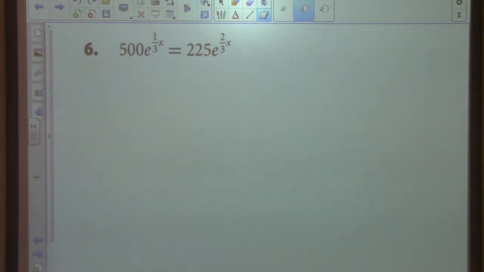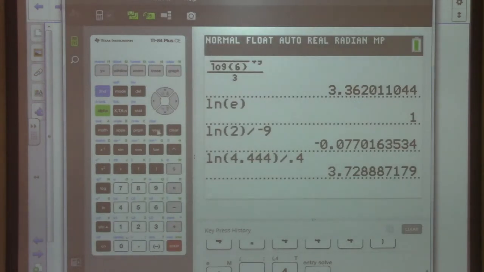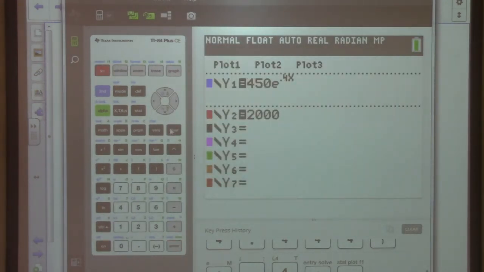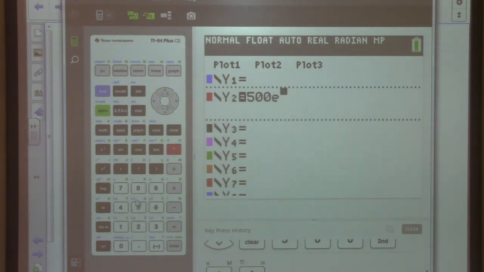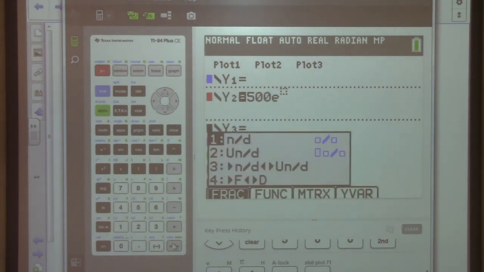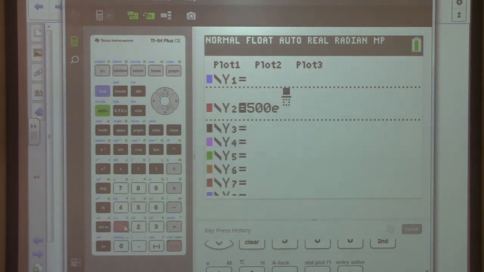Okay, so let's just go to the calculator. 500e to the power of 1/3, was that it? I'll just set it up like this.